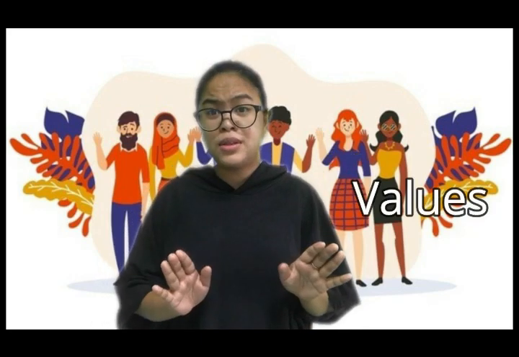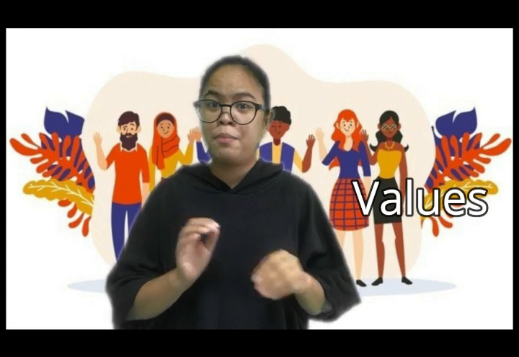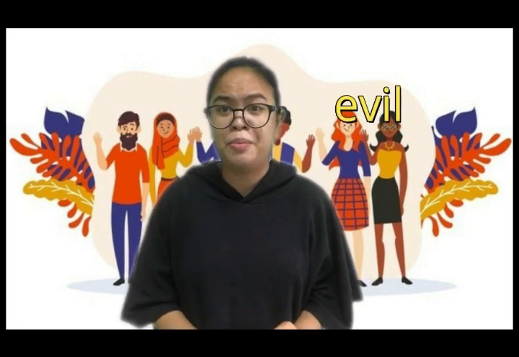The fourth element of culture is called values. Now, values are those that people or the society identifies as either good or evil. It's a universal knowledge of people as to what is good and evil. But then, a culture is shaped based on its understanding of what is good and evil.